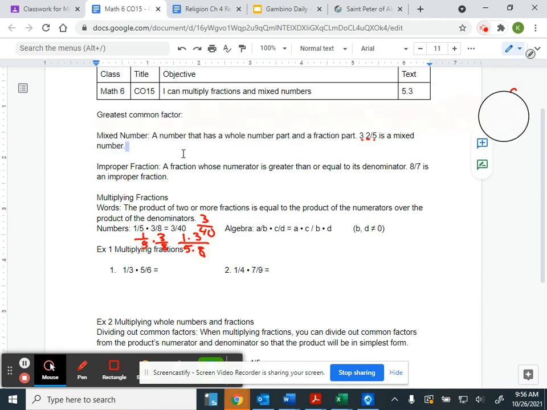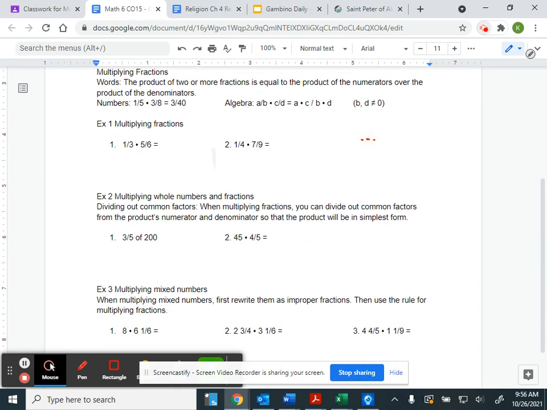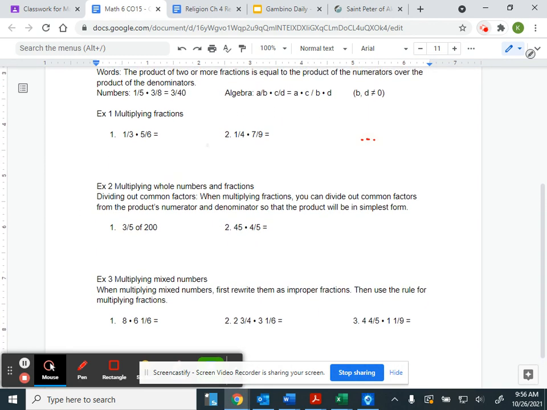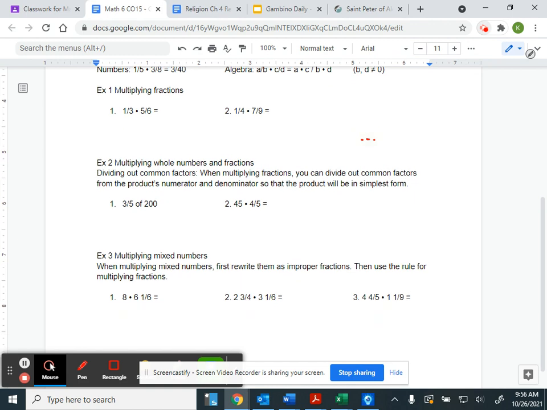Let's move our page up. Let's do an example of multiplying those fractions. We have 1/3 times 5/6. What would that get us? Anthony?